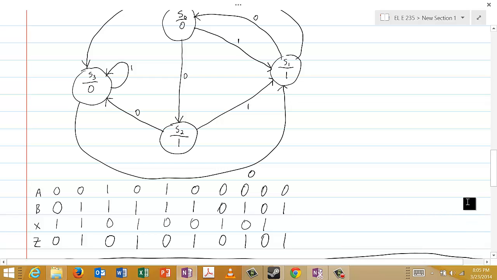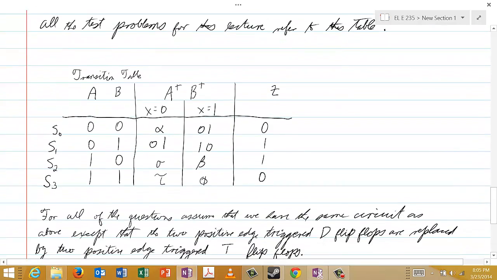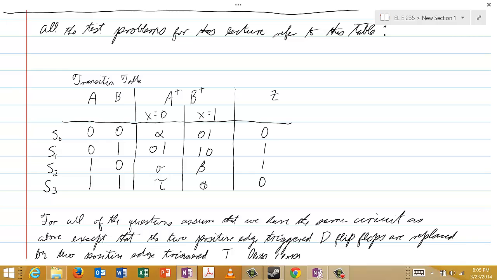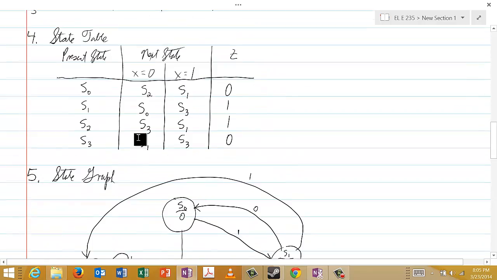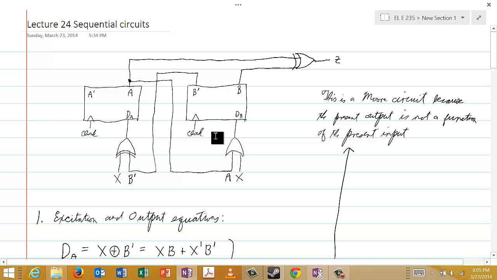So now let's look at some questions on this lecture. All of the questions that we'll have refer to the table shown here. This is the transition table, and we're dealing with exactly the same circuit that we had here, with the only difference being that now, instead of these being positive edge triggered D flip-flops, we will have these as positive edge triggered T flip-flops.